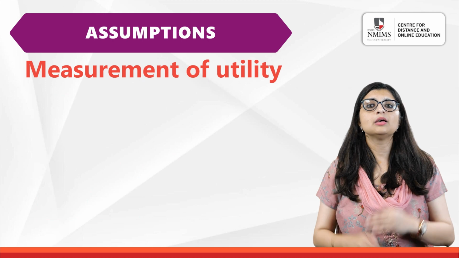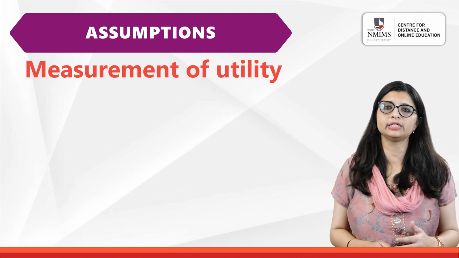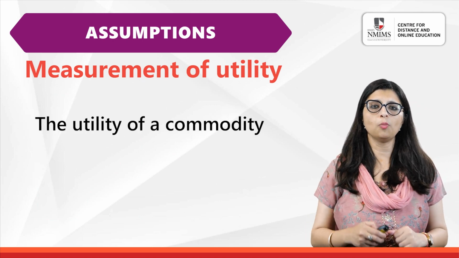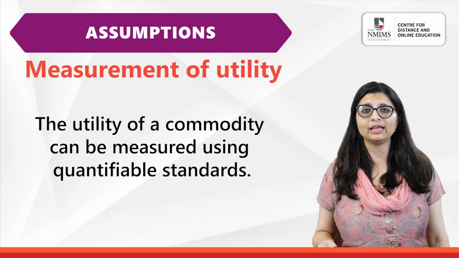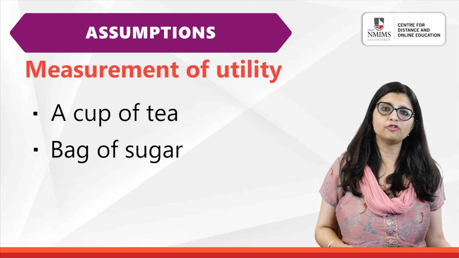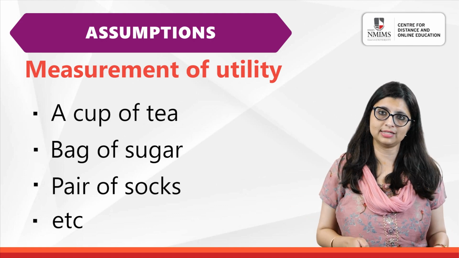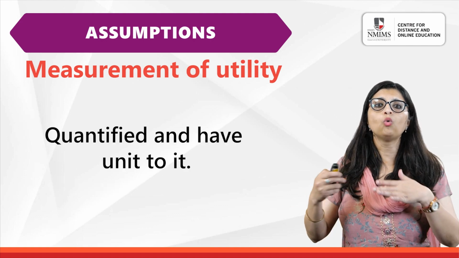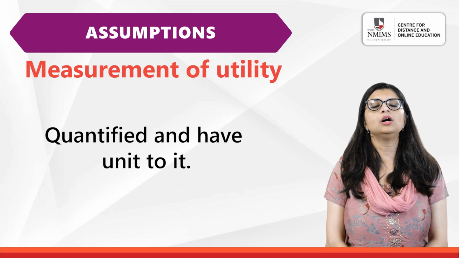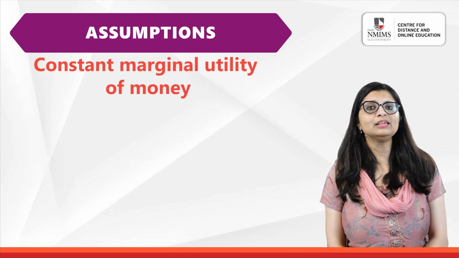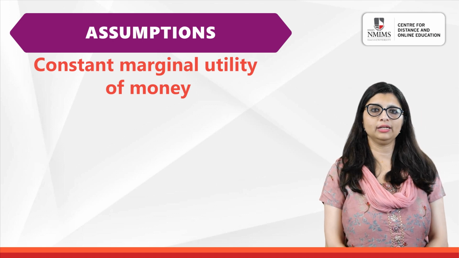The second one is measurement of utility. The utility of a commodity can be measured using quantifiable standards like a cup of tea, a bag of sugar, a pair of socks, etc. That means it can be quantified and it can have a unit to it. The third one is constant marginal utility of money.